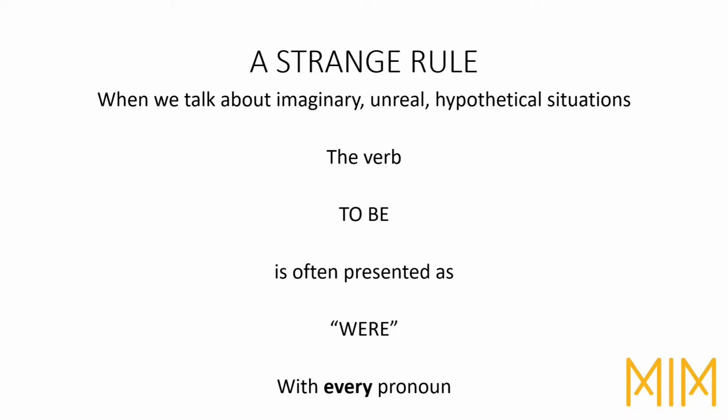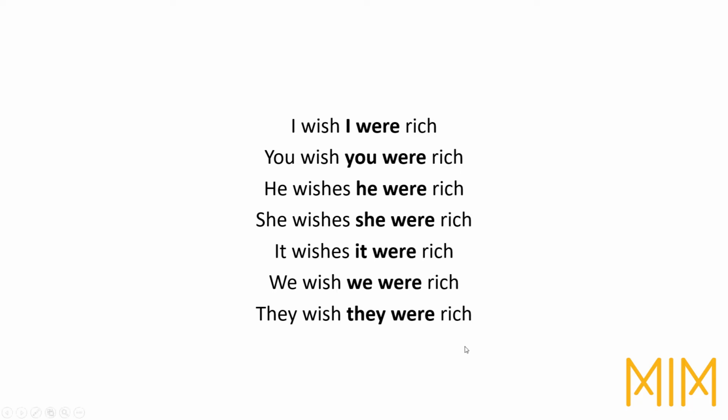We know this already. But in imaginary situations, every pronoun, I, you, he, we, she, becomes were. So, I wish I were rich. Not I was rich. I wish I were rich. You wish you were rich.